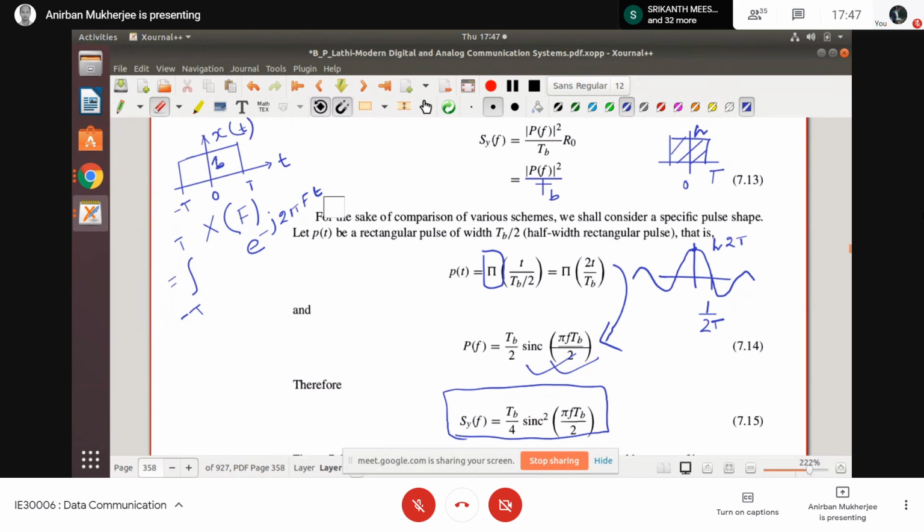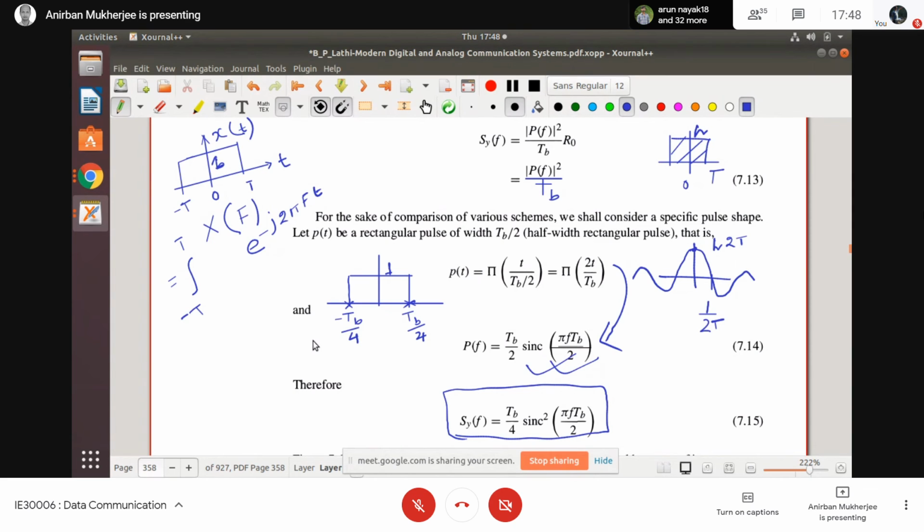This function, as per the Lathi book, the notation is Tb by 2, which means the width is Tb by 2. So from here to here, it is Tb by 2.